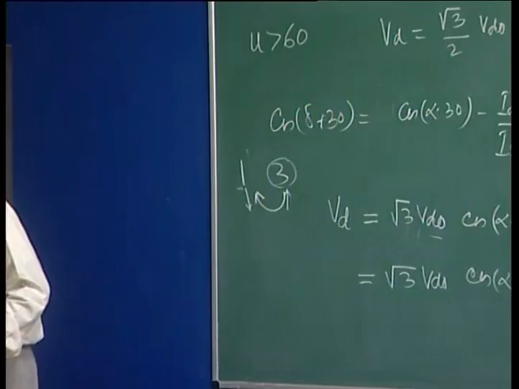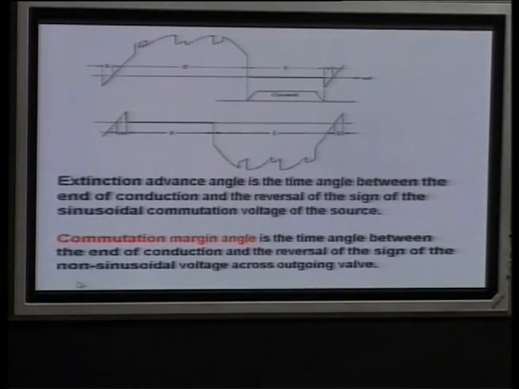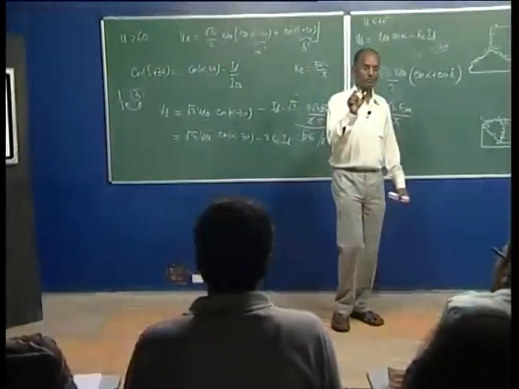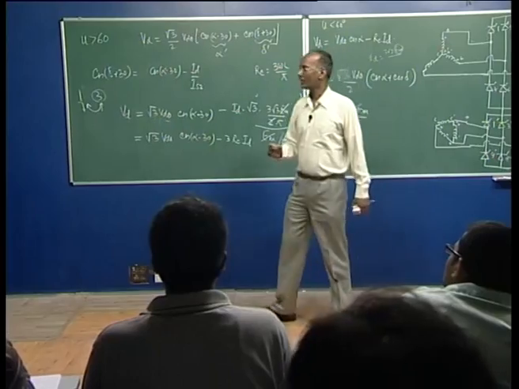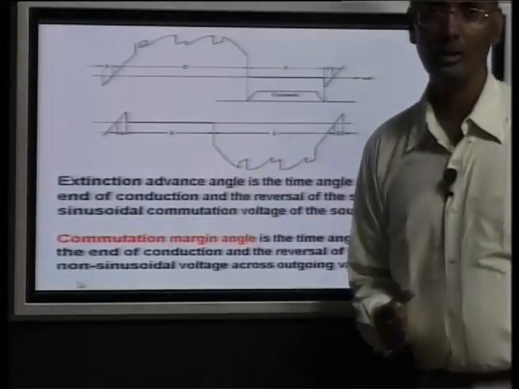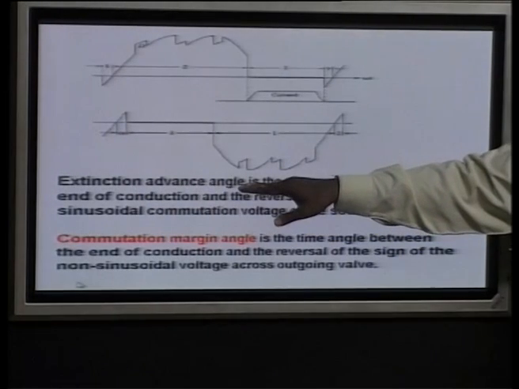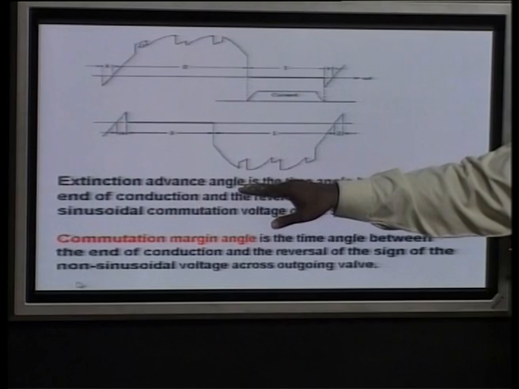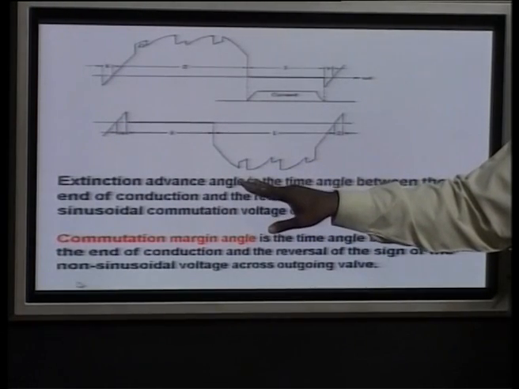So, in this period, as I said, we normally maintain some angle so that there is proper deionization and proper commutation takes place, and this angle is called the gamma angle. They define the extension advance angle, sometimes also called the extinction angle, and I said it is gamma.